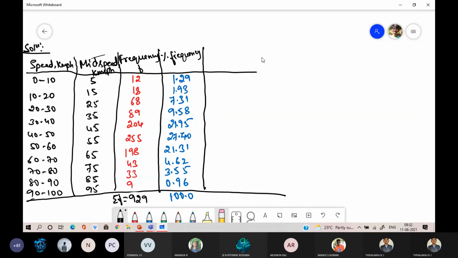Then the last column is cumulative frequency. Listen here. How to calculate the cumulative frequency? Any idea?